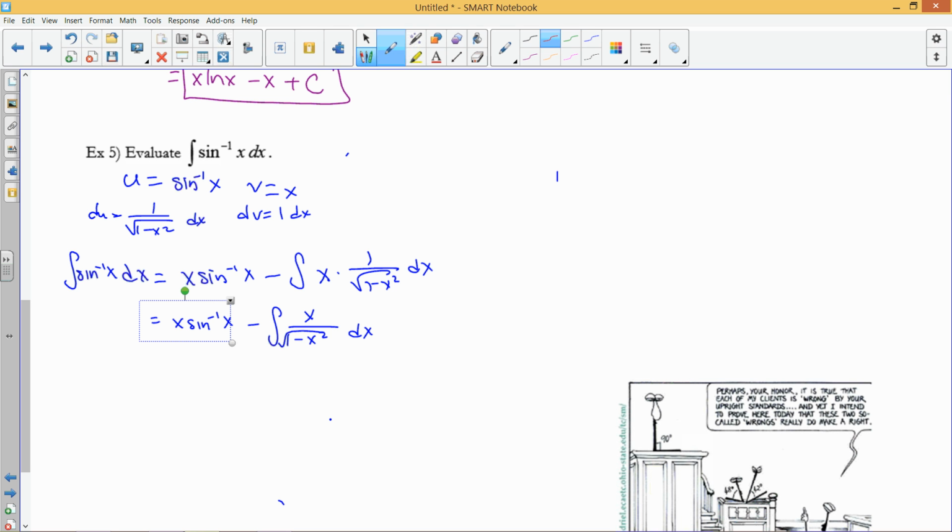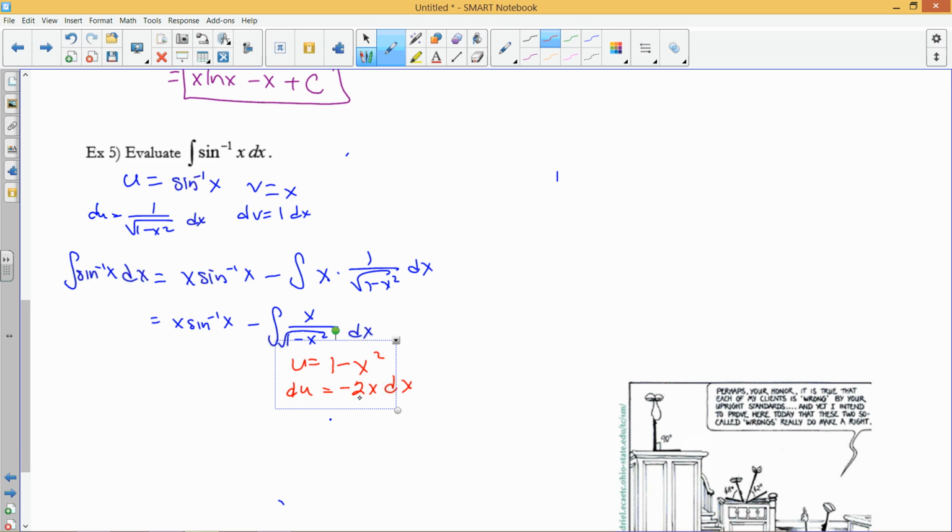Hooray! This would only be better if it involved logarithms. So now we're going to do a u sub. u is going to be the inside, 1 minus x squared. du is going to be negative 2x dx.